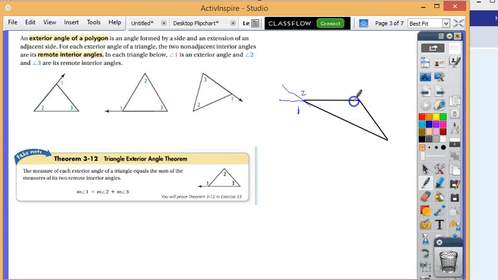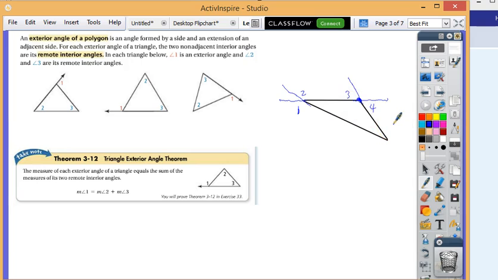So if I extend this line out here, I've got a different exterior angle. What's the relationship between angle 3 and angle 4? And what do we know about vertical angles? They're congruent. So if I drew this triangle and I said, give me an exterior angle at that point right there, at that vertex, it wouldn't matter whether you extended this line and used 3 or extended this line and used 4.